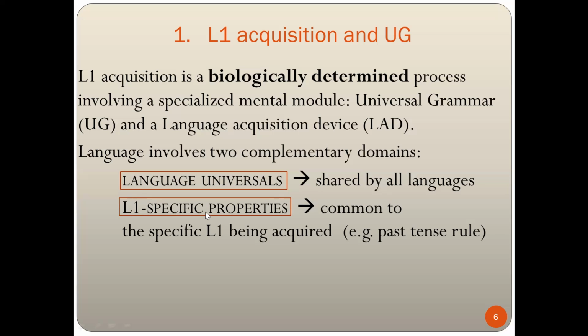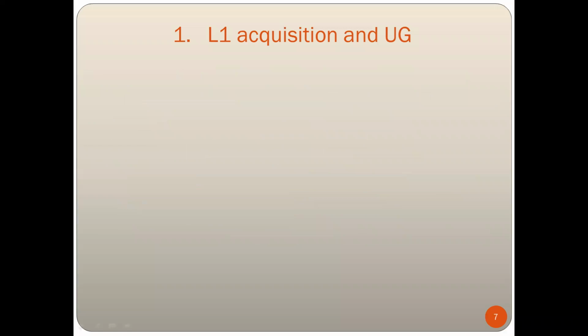A very simple example is the past tense rule in English. Many languages have a tense system, and they have a past tense and a past tense morpheme. But as far as I know, English is the only language that has this particular past tense morpheme. So it's unique to English. It's a property which is specific to this particular language. So keep this in mind.